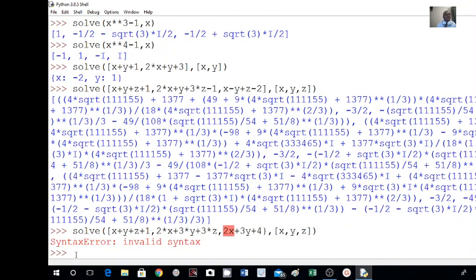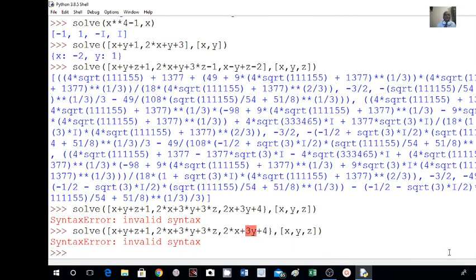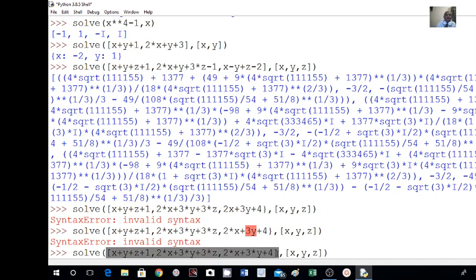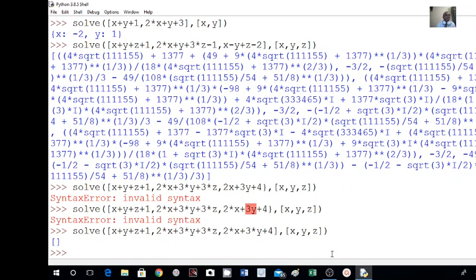Now execute. Syntax error here. 2x, I have to write 2 star x. Now execute. Invalid syntax. 3y, I'm sorry, 3 star y, and this is also wrong, square bracket. I think everything is corrected now. It says empty, so that means there may not be a solution for this one. I am getting empty here.